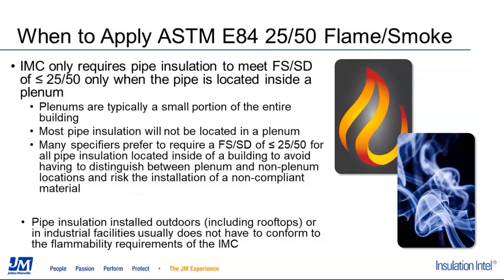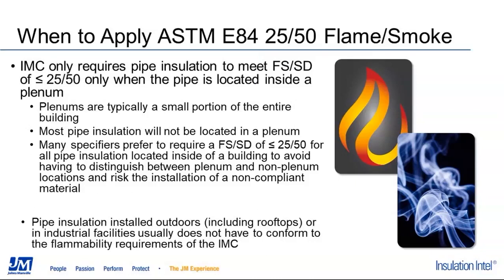In the IMC, the flame/smoke development of a 25/50 rating is technically only required when the pipe is located inside of a plenum. Pipe insulation located outside of a plenum only has to meet an E84 flame/smoke of less than or equal to 25/450, which is also known as Class A or Class 1.